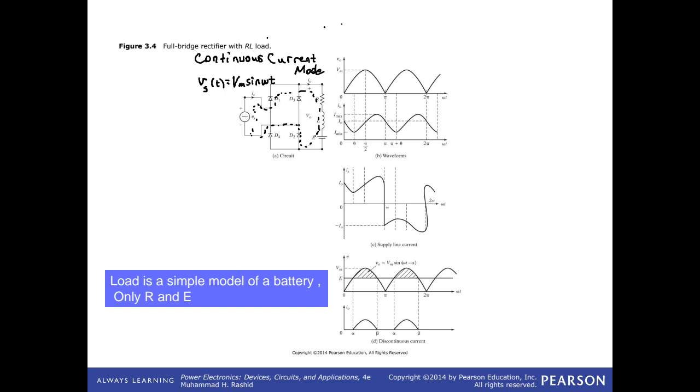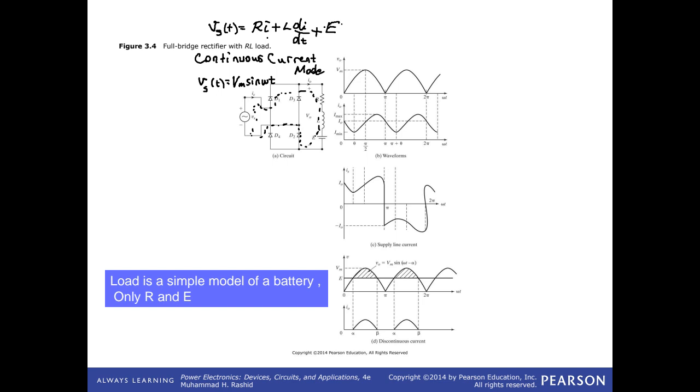However, I take it to the left side, so VST is equal to, there are two voltage drops of the diodes. I neglect those. Ri plus L di/dt plus E. That is the differential equation.